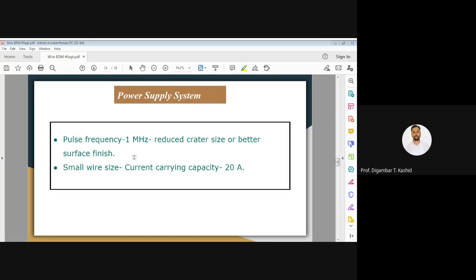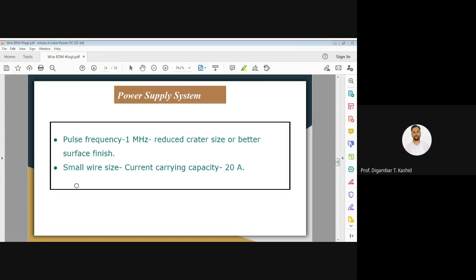Also the erosion of the wire will be very small in this wire cut EDM process, because here we are using high frequency current, so the wire will not break easily. That point also we need to consider. Again here I have written that small wires are used, and the current carrying capacity is less than 20 amperes.